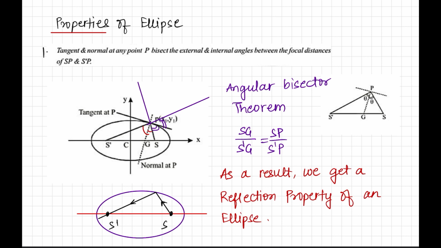And if suppose the ray of light is coming from the second focus, then after reflection it will pass through the first focus. So this is a very important and interesting property of an ellipse, and that is what we have in this first point.